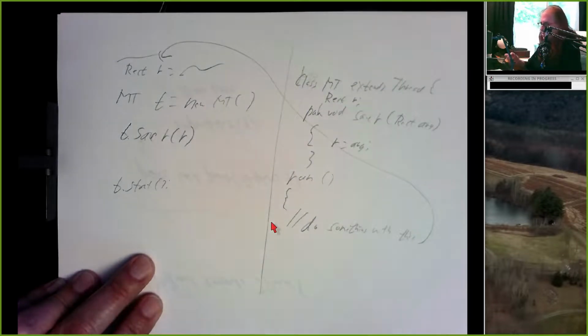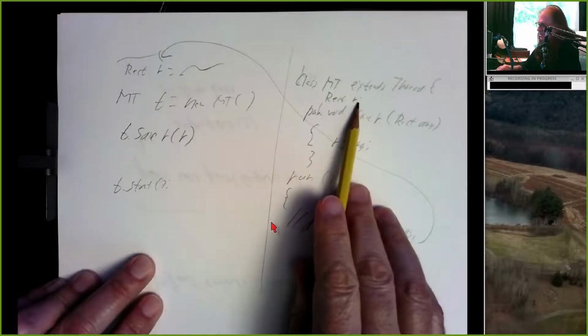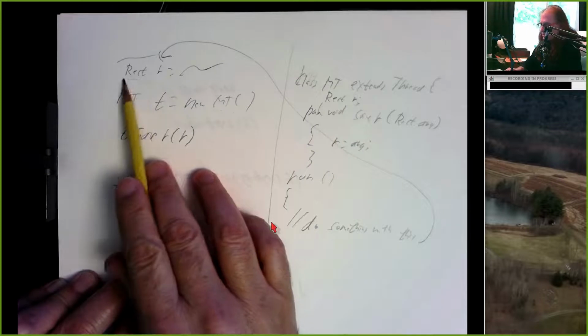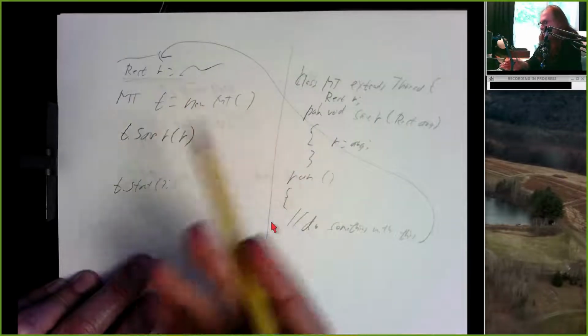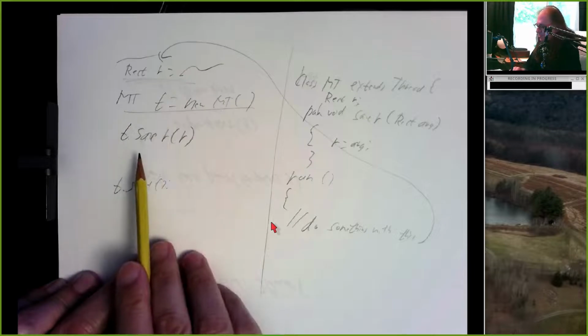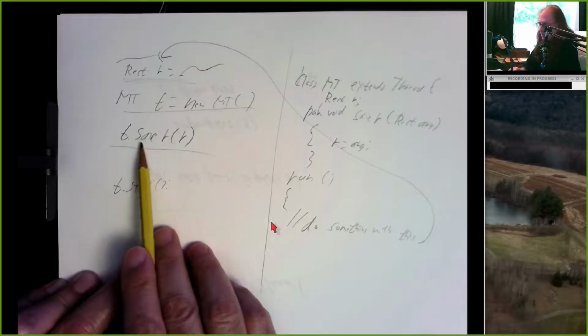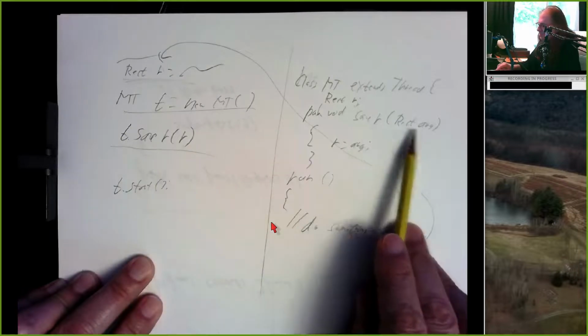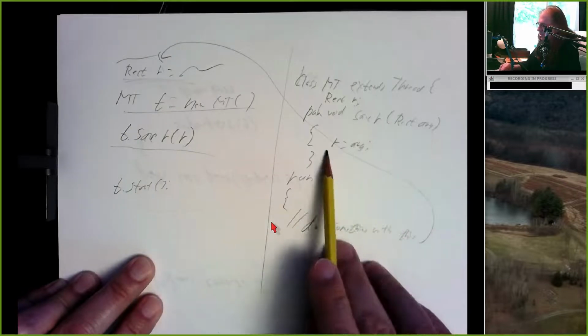So how does this link together? Over here I've got a rectangle named R, but it's null to begin with. Over here I've got the actual rectangle that I've constructed and that I want my thread to work with. I construct the thread, and now I call the thread's saveR method. I pass the rectangle to it. Down here in this method, it takes the rectangle and sets R equal to that.